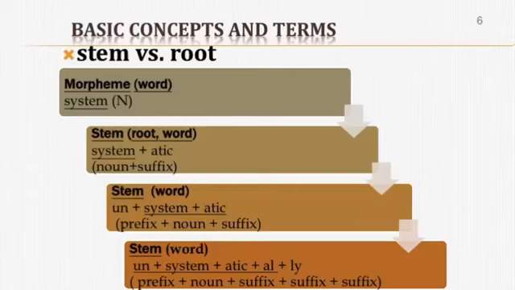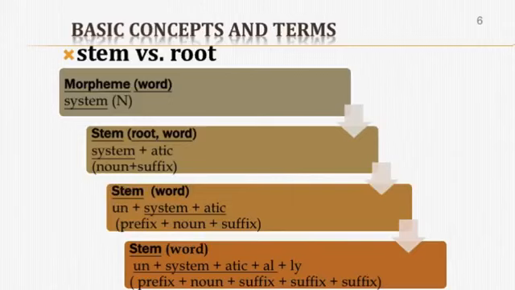So now, system is a noun, and we can further expand it by adding more morphemes. If we use a derivational morpheme, what kind of word can we derive? Here we can add the suffix atic to create systematic, which is an adjective. It turns from a noun to an adjective.